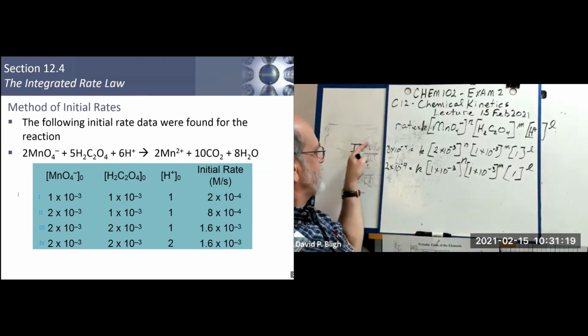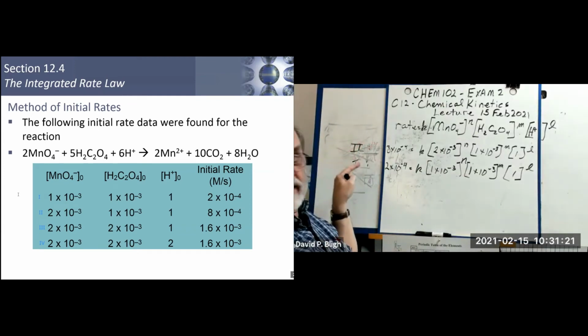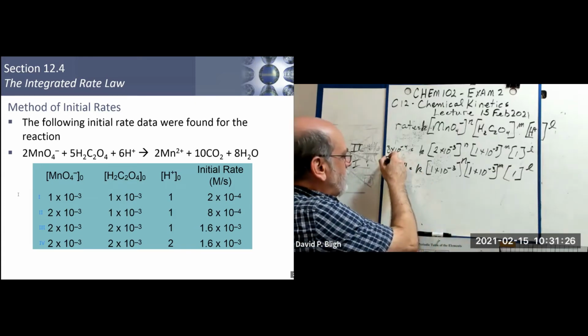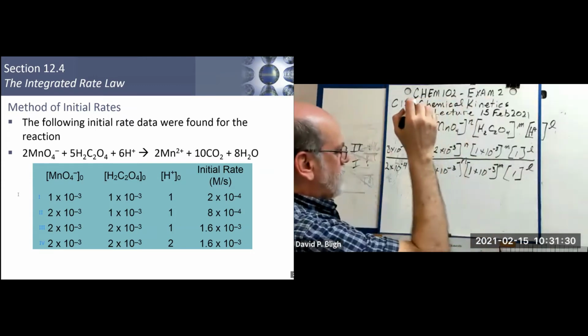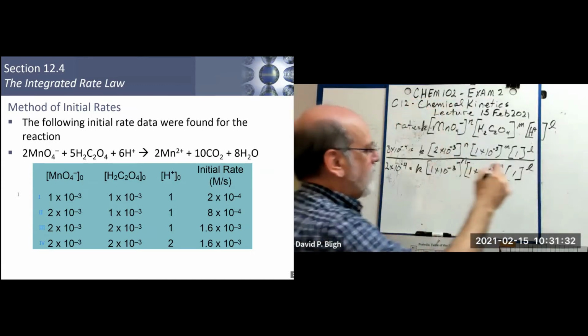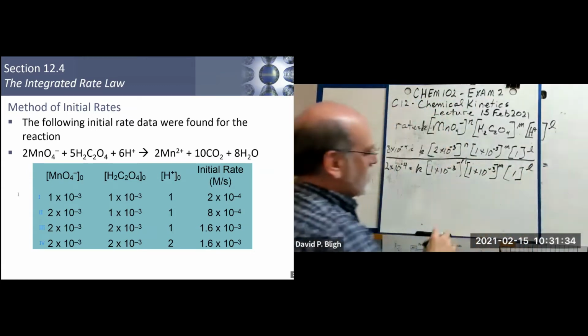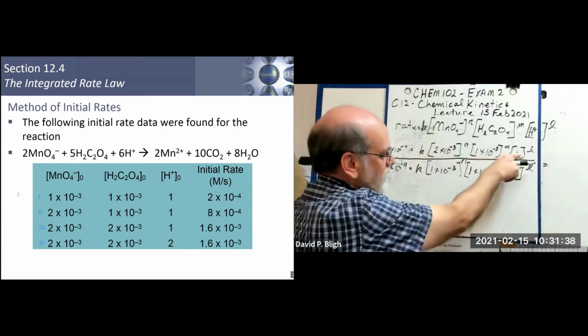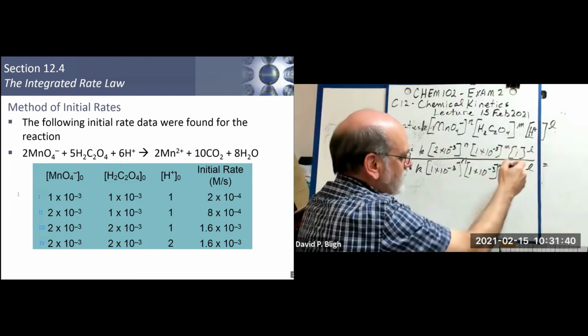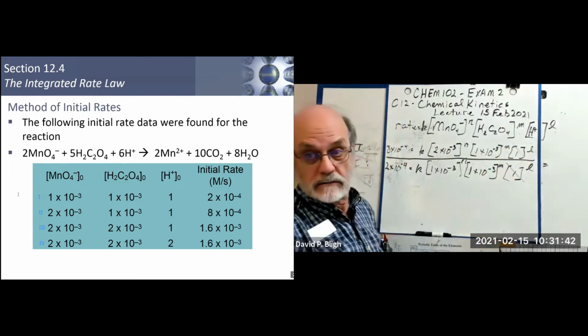So if we take this rate law and divide it by that rate law, what do you get? Well, look, that's equal to that, and they're all multiplied. So that divided by that is gone.